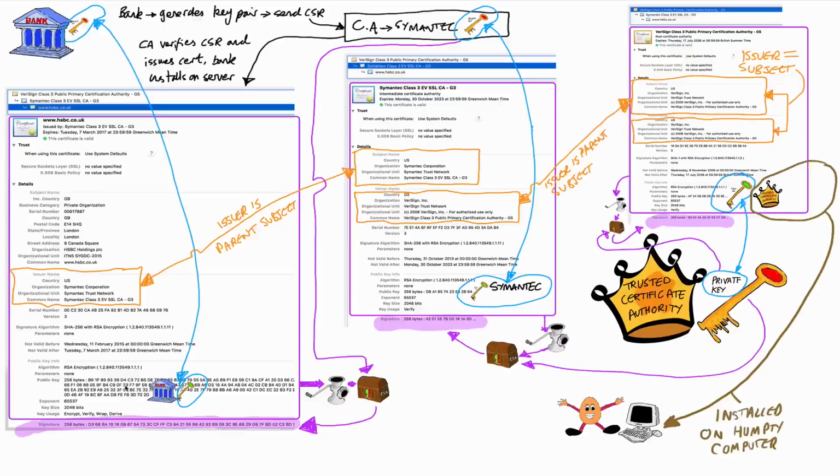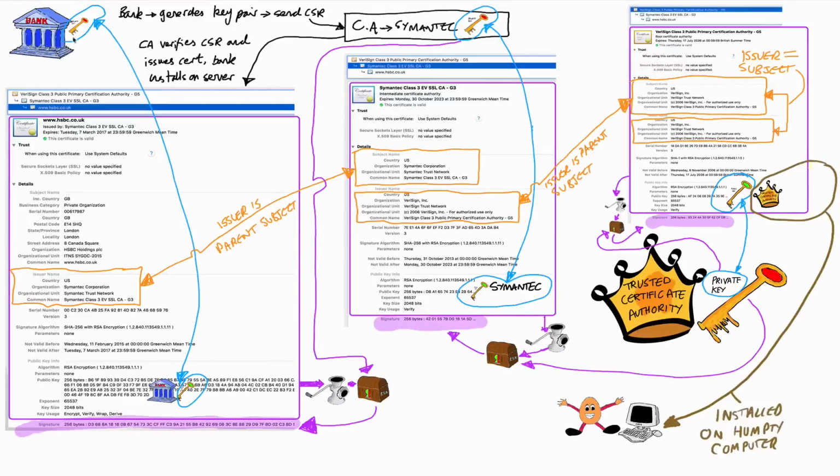Let's talk about the life cycle of an SSL certificate. When HSBC first go into business and are setting up their website, the first thing they need to do is generate a public and private key pair, because they want their clients to be able to communicate with them securely.